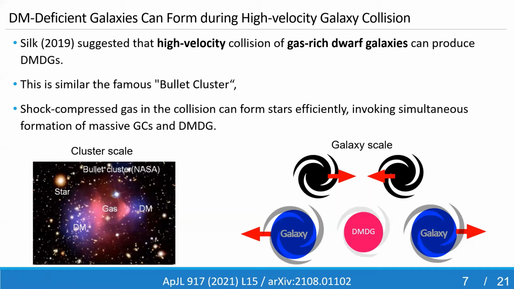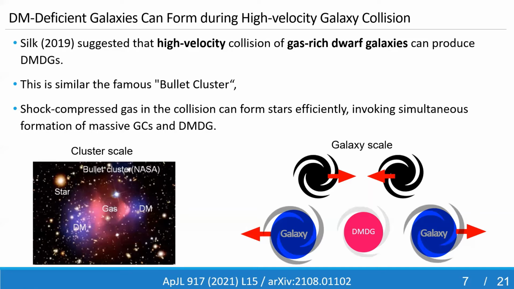Because dark matter is thought to be collisionless or has very small cross-section, even in the case of self-interacting dark matter, when two galaxies collide head-on with sufficiently high velocity, maybe about a few hundred kilometers per second, dark matter will just pass through.